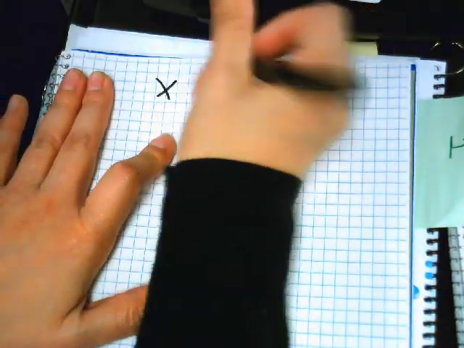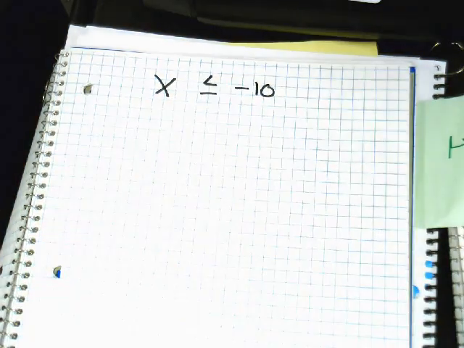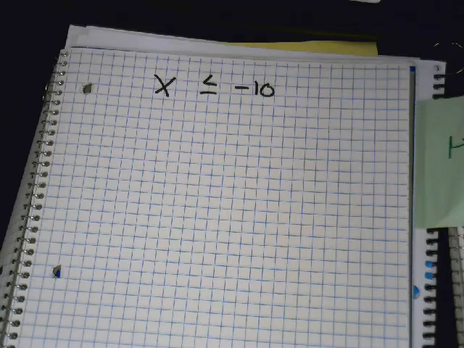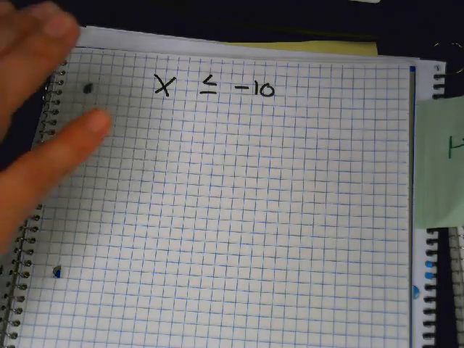X is less than or equal to -10. Is there a way to actually make this hard? Yeah, high school. Everything just gets harder in high school. Yeah, the thing is that, this is your level 1.